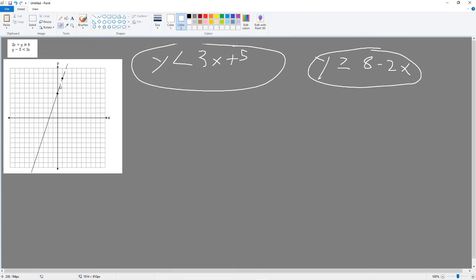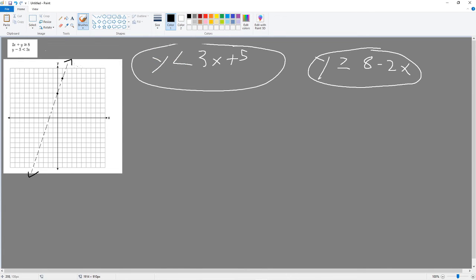I'm just doing a dotted line effect. Okay. Good enough. Oh, it's too thick.